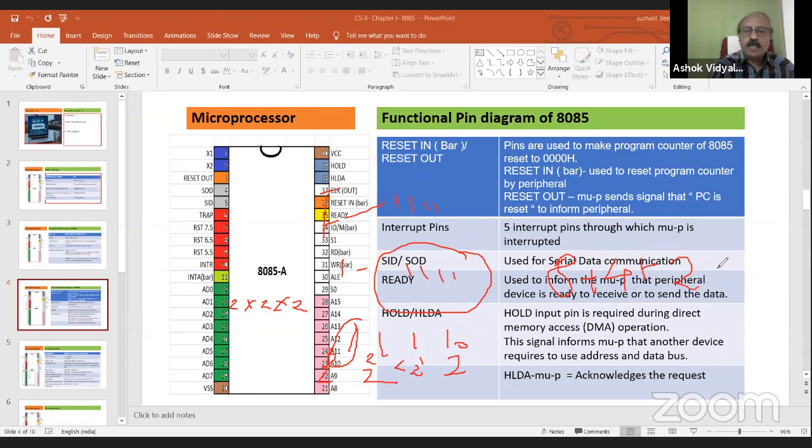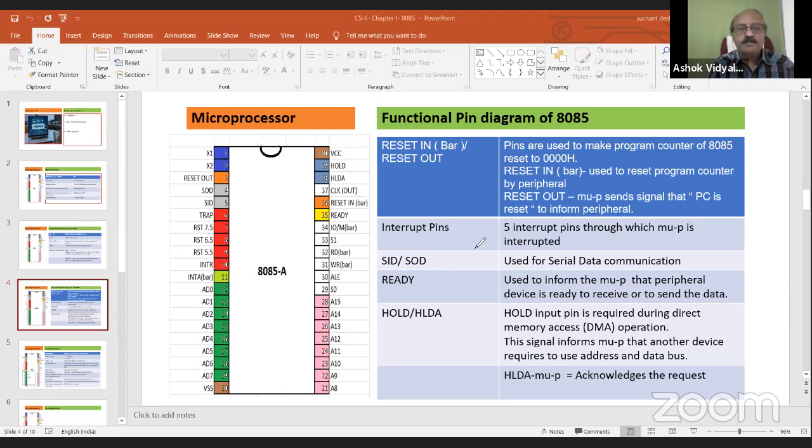And anything raised to 0 is 1. So 8 plus 4 is 12, plus 2 is 14, plus 1 is 15. So F in hexadecimal is nothing but 15, which is given by 1111 in binary.